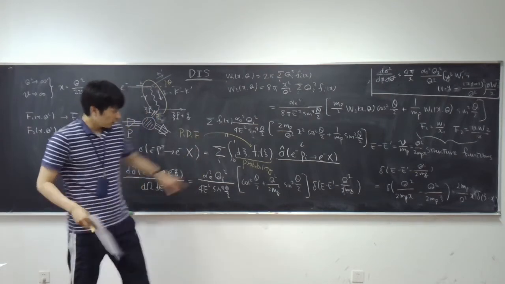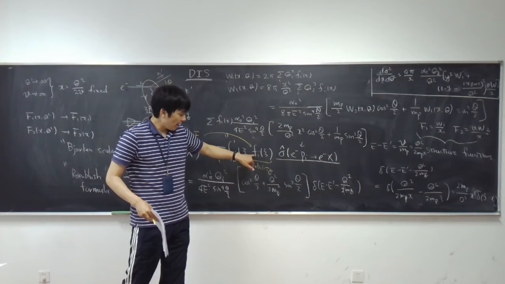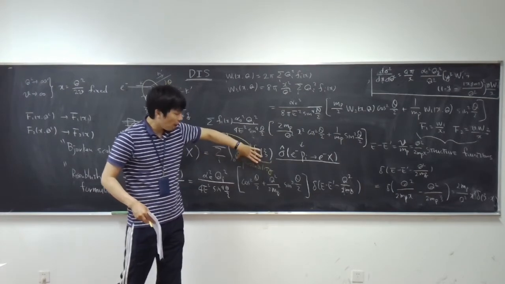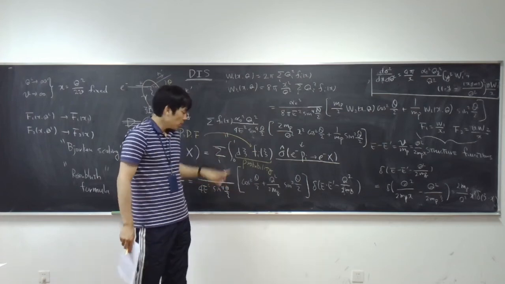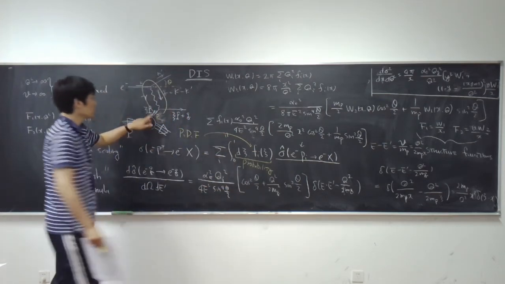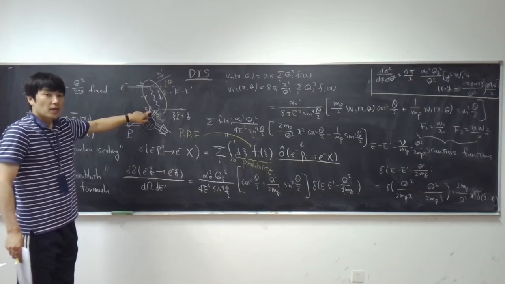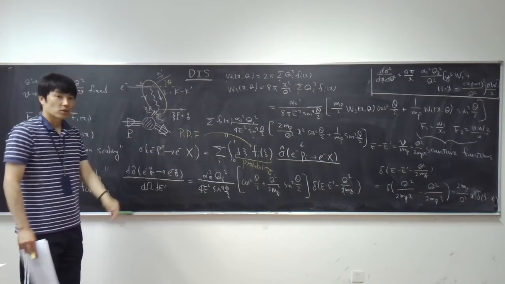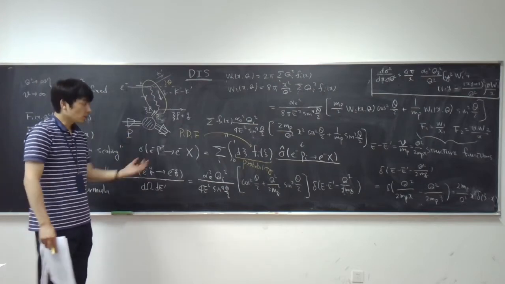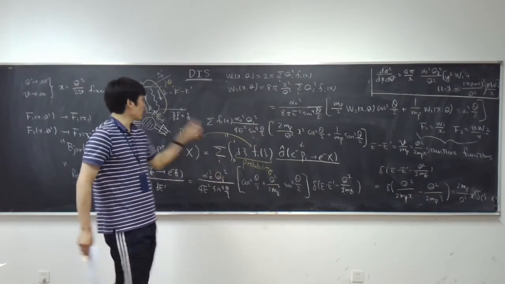So dξ f_i(ξ) is the probability that the parton i will pop out with momentum ξ times p when you inject the electron into the proton. Then it's a probability to get a parton i with this momentum.